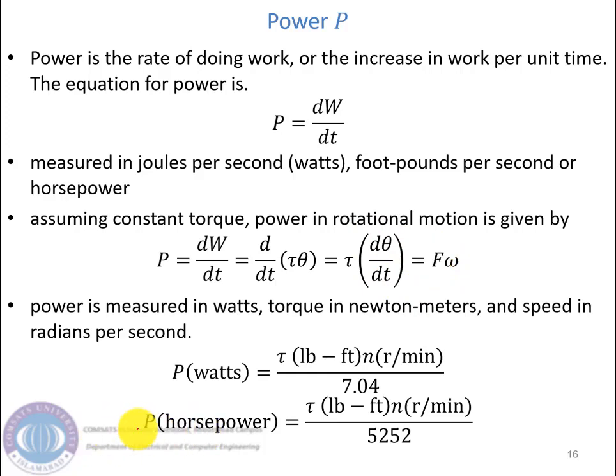If we want to measure power in watts, torque is in Newton meters and speed in radians per second. Power in watts is tau, in foot pounds, times n, the rotational speed in RPM, divided by 7.05. These are just formulas; we don't have to derive them. If you want to find the horsepower directly from torque and n, we just have to divide this product by 5252.